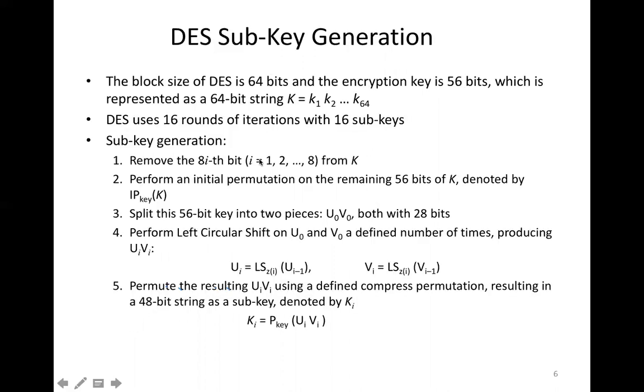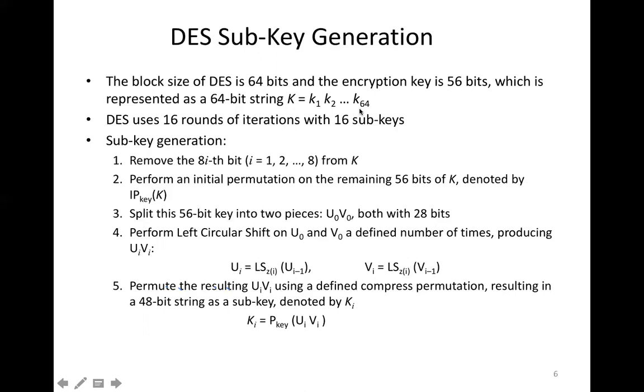So now let's look at a concrete implementation of the Feistel cipher scheme, and that is the Data Encryption Standard, DES. First of all, it lets L be 32 in the Feistel cipher scheme. So the block size of DES is 64 bits. And the encryption key is 56 bits, but it is represented also as a 64-bit string.